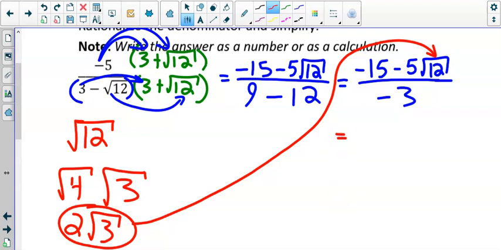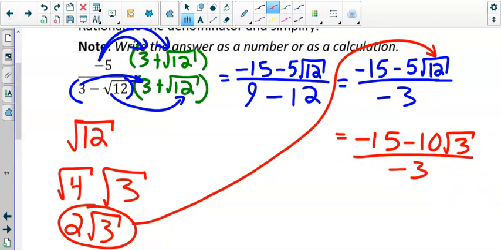What's going to happen between the 2 that's in front right here and the 5 that's right there? They're going to multiply. Good. So that would give us negative 15 minus 10 square roots of 3 all over negative 3. Because the 5 and the 2 multiplied each other.